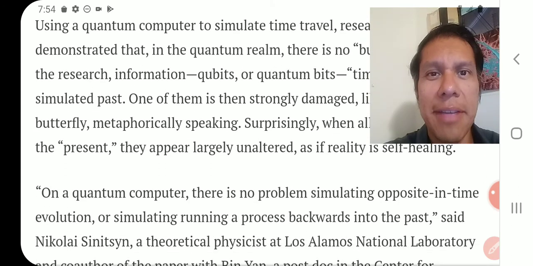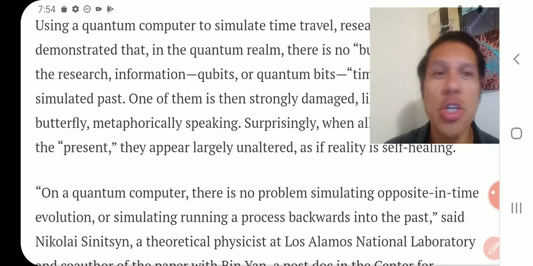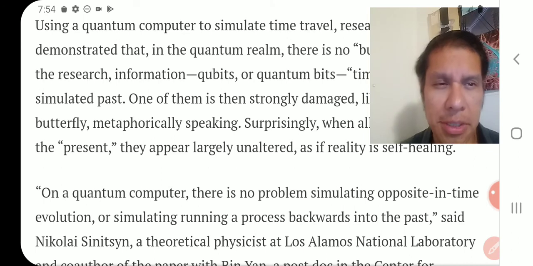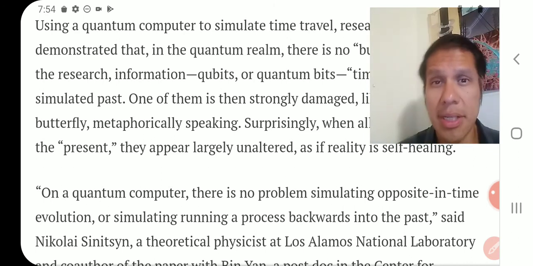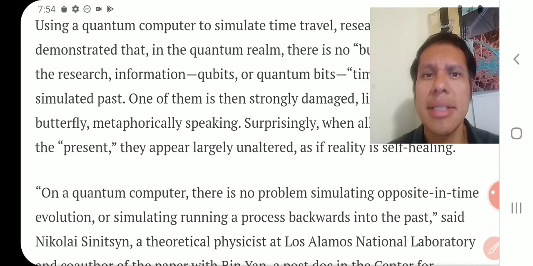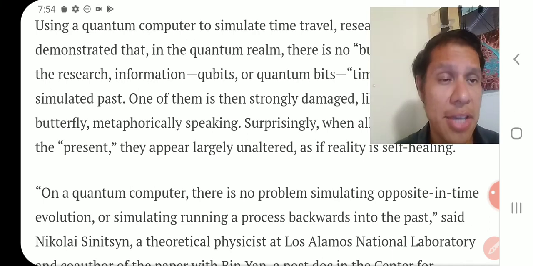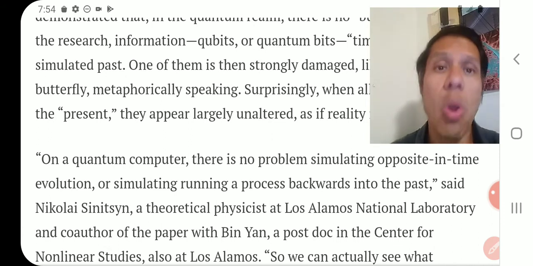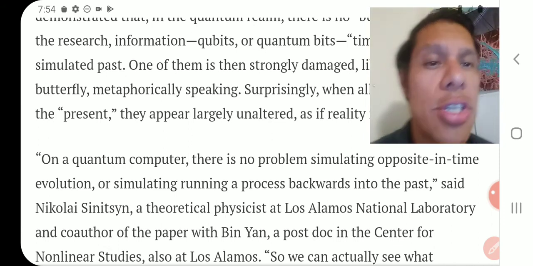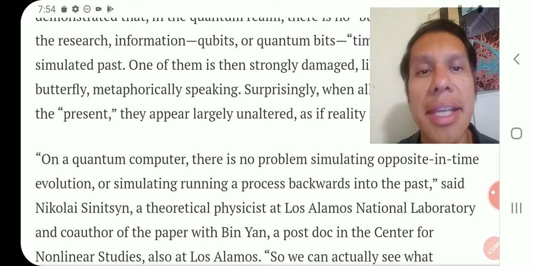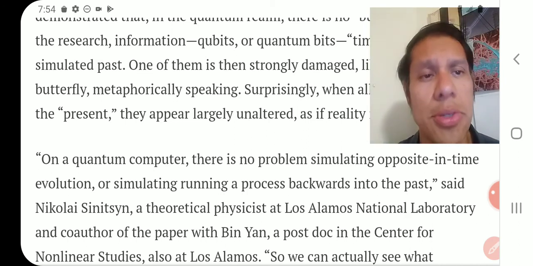So let's keep reading. "On a quantum computer, there is no problem simulating opposite in time evolution or simulating running a process backwards into the past," said Nikolai Sinitsyn, a theoretical physicist at Los Alamos National Laboratory and co-author of a paper with Bin Yan, a postdoc in the Center for Nonlinear Studies, also at Los Alamos.